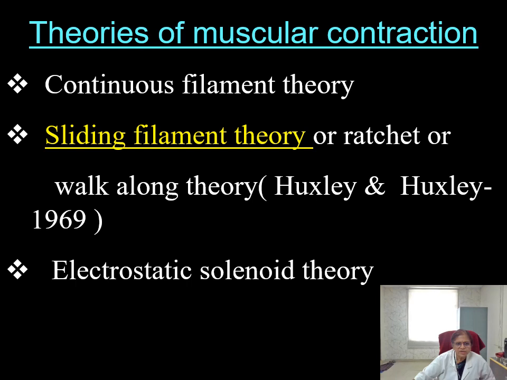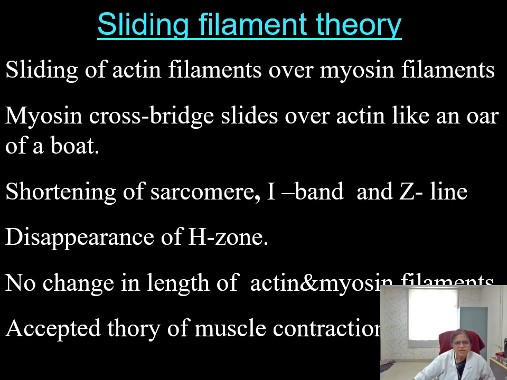So once again to summarize, the sliding filament theory, the ratchet or rowing oar theory, is the mainly accepted theory for explaining skeletal muscle contraction. So what is sliding? Actin is sliding over the myosin filaments and shortening the sarcomere, with the I band and Z line approaching, disappearance of the H zone, and no change in the length of actin and myosin filaments, especially myosin filaments. This is the accepted theory of muscle contraction.